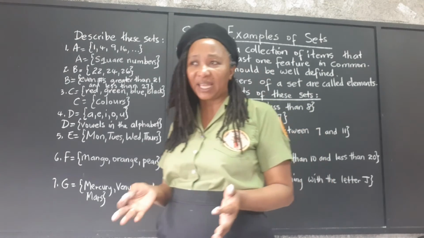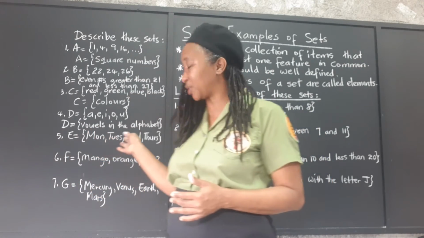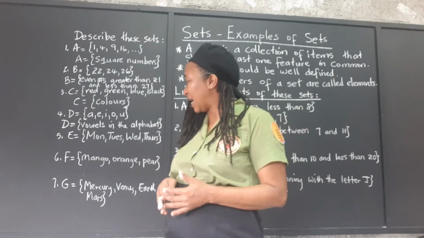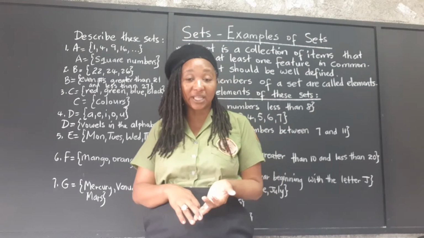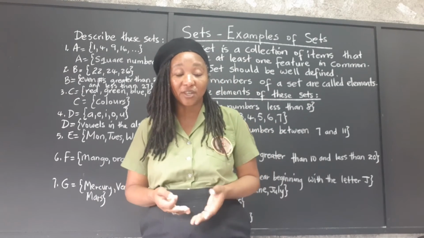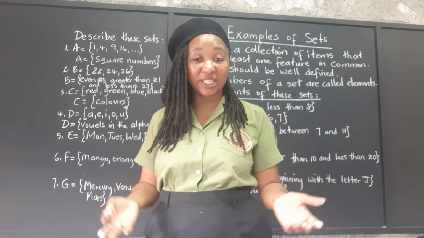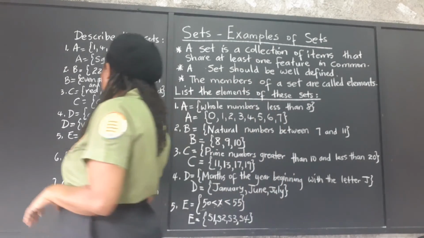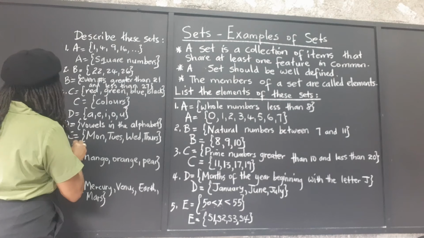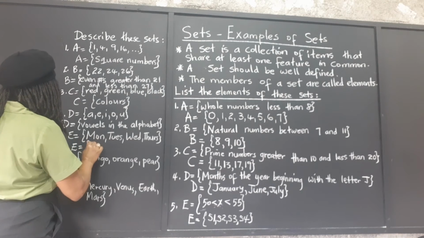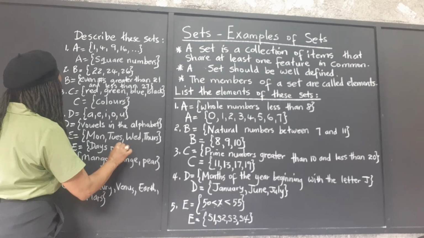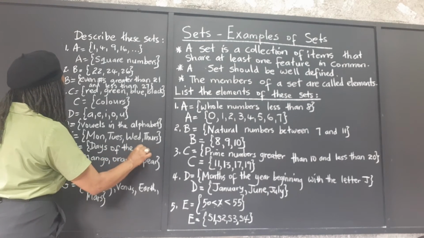So we can define it once it fits the description. If we just had Tuesday and Thursday, we could say days of the week beginning with the letter T, that kind of thing. But let's just write days of the week.